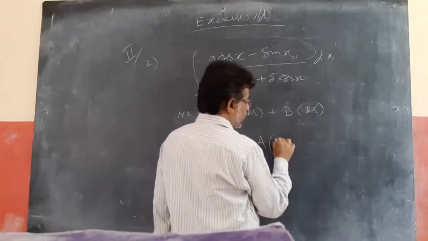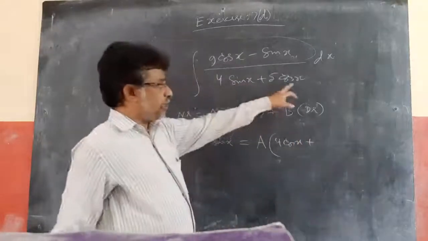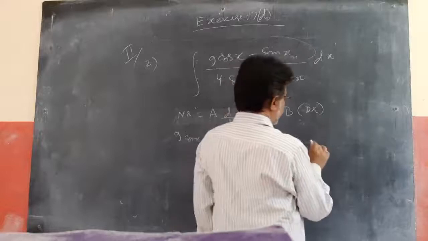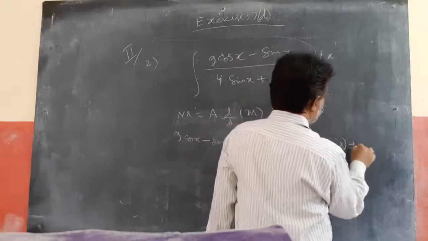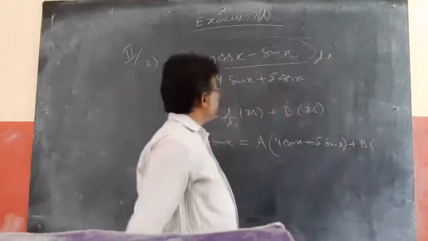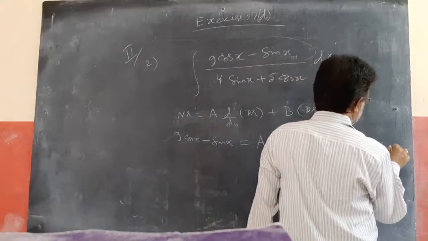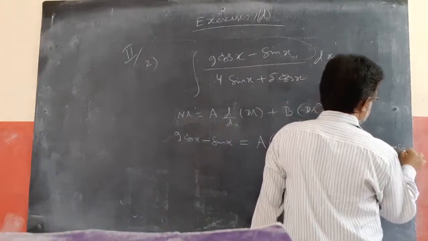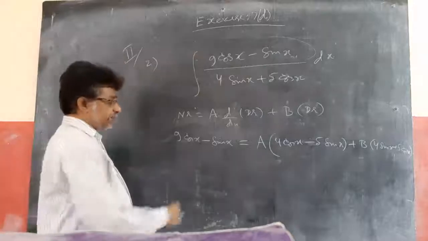4 into the derivative of sin x, which is cos x, plus 5 into the derivative of cos x, which is minus sin x. That means 4 cos x minus 5 sin x, plus b into the denominator as it is, 4 sin x plus 5 cos x. So if I am able to write it like this, I can find a and b.